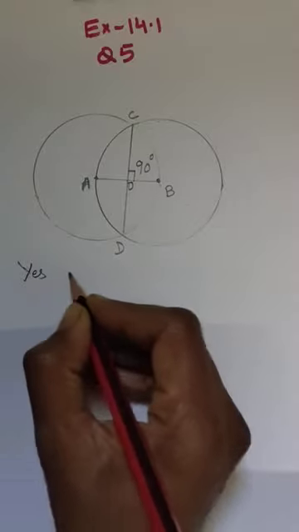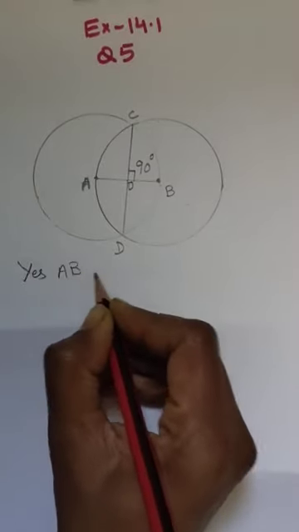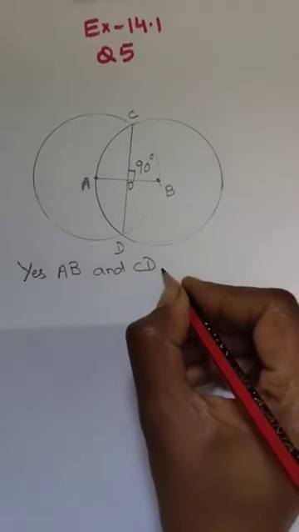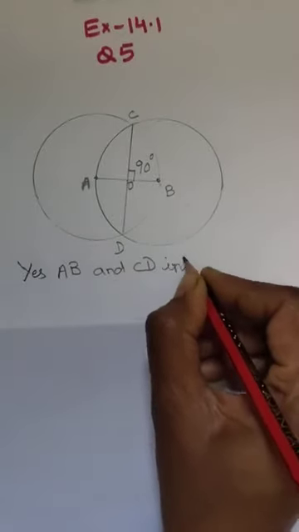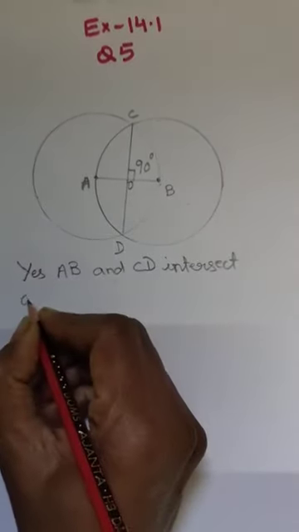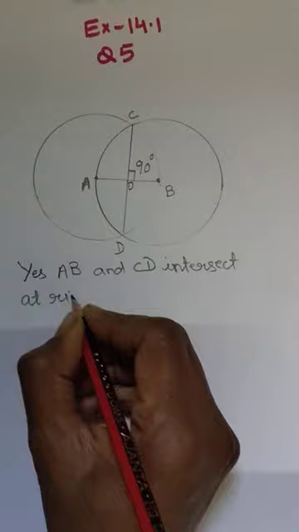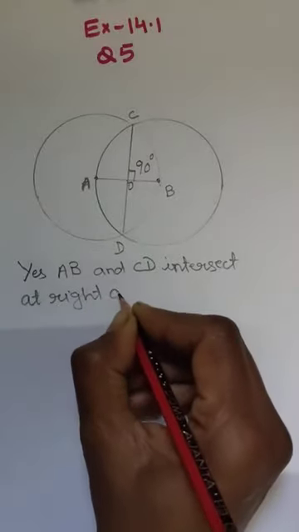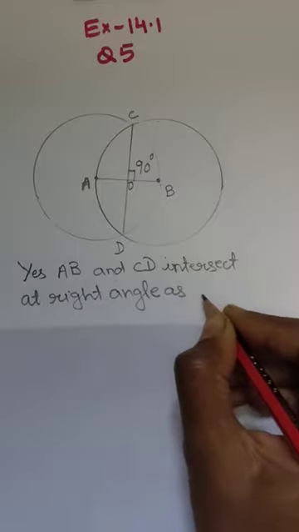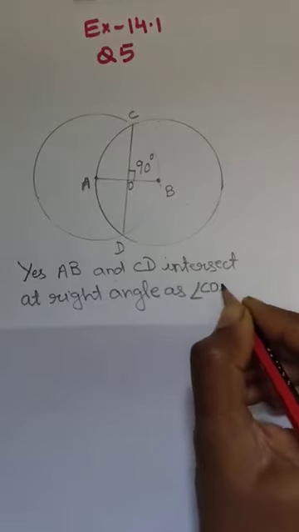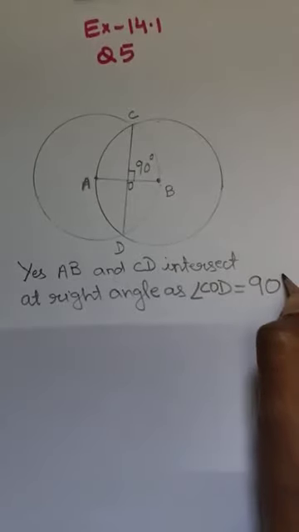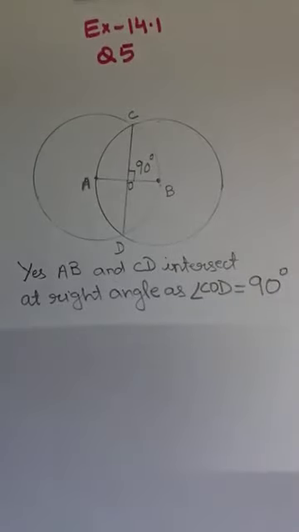Yes, AB and CD intersect at right angle as angle COD equal to 90 degree.